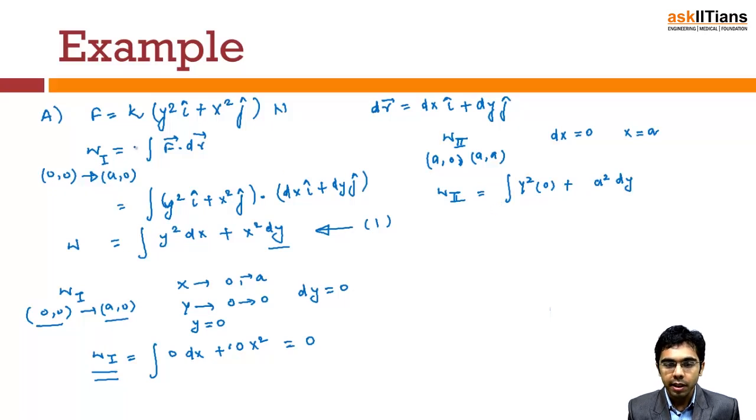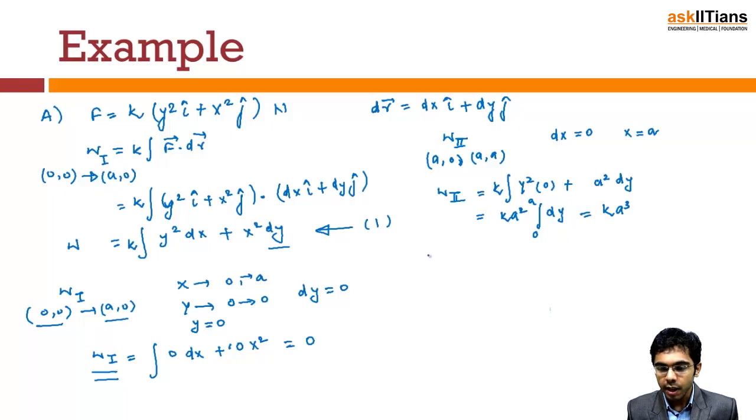Okay, we forgot something, that k was also there with the force. So k will be here, and k will be here also. So this will come out to be k a square dy. The limit for dy, for how y is changing, is going from 0 to a, so this will come out to be k a cube.